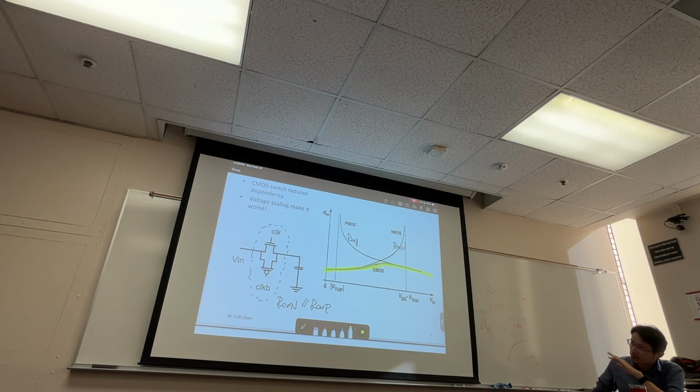In real life, do you want this composite resistance to be as constant as possible, or are you okay to have this difference? You want this to be as flat as possible, right? But unfortunately, you can see there's a little blip in the middle.